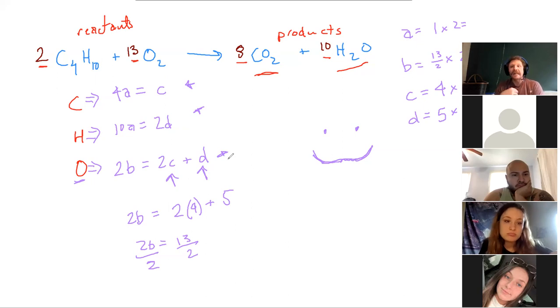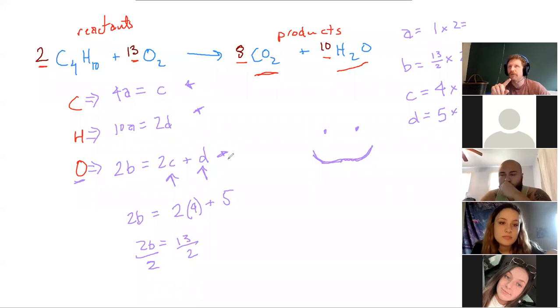So the way that I treat these sorts of equations is, my default is I'm going to set A equal to 1. I'm going to solve the reaction. And then the last thing that I'm going to do is confirm that I have the same number of each element on the reactants and the product side.